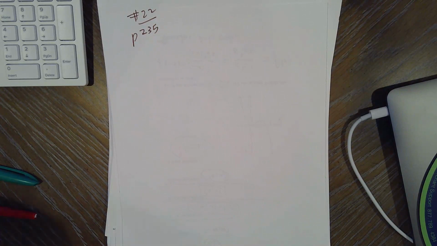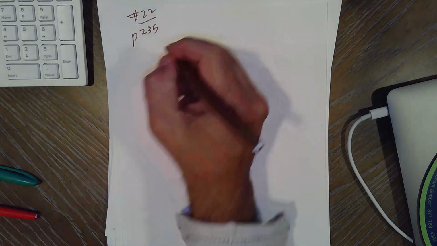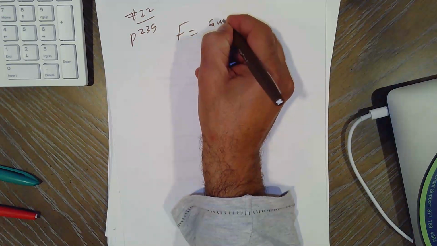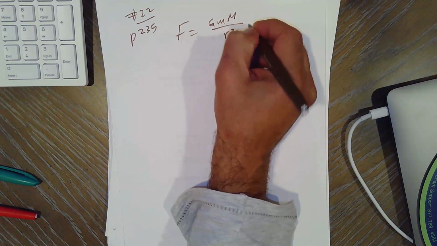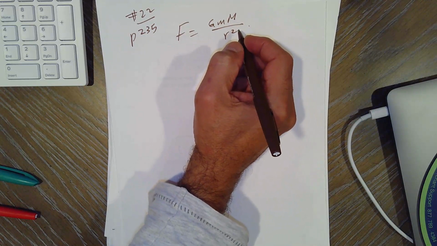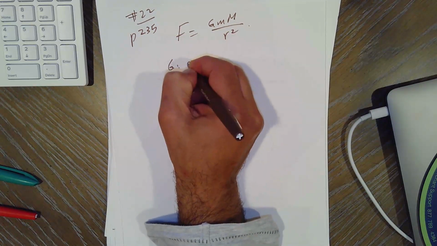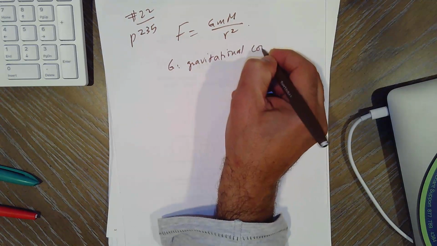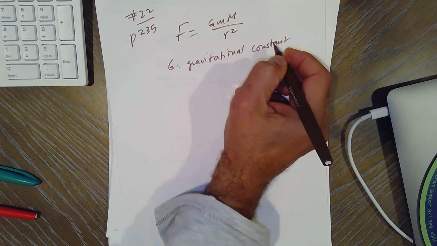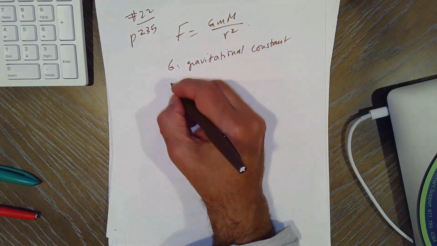Newton's law of gravitation says that the magnitude F of the force exerted by a body of mass little m on a body of mass big M is F equals G little m big M over r squared, where G is the gravitational constant and r is the distance between the bodies.